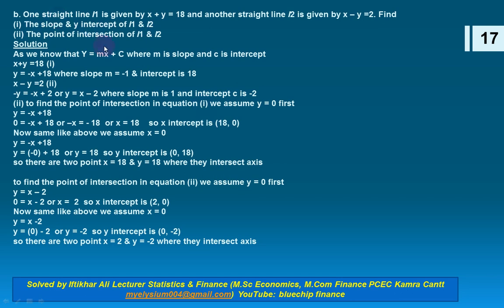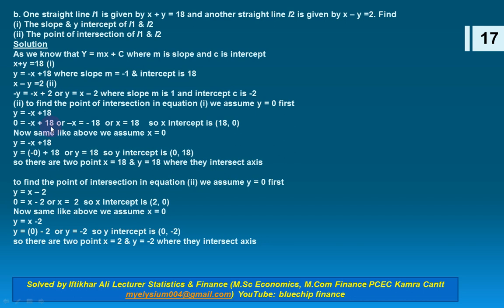Now the point of intersection of l1 and l2. To find the intercepts in equation 1, we first assume y equals 0. After putting this 0, x will be 18, because when x goes to the other side of the equation it becomes plus, and the remaining is 18.